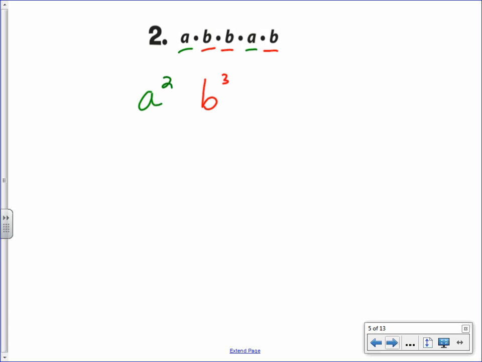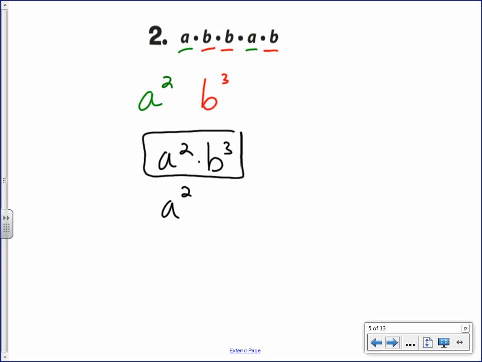So my answer would be A squared times B cubed, or A to the second power times B to the third power. You can write it like that without the times sign in between them. I do it both ways, so I can't really say that I do it one way more than the other, but it's the same thing. That little multiplication symbol is not needed.